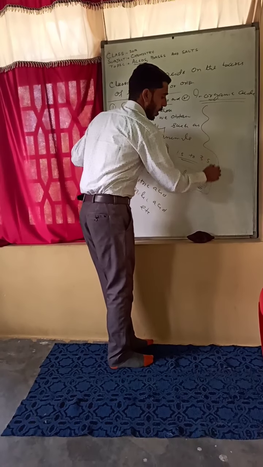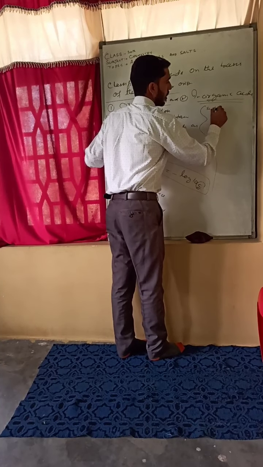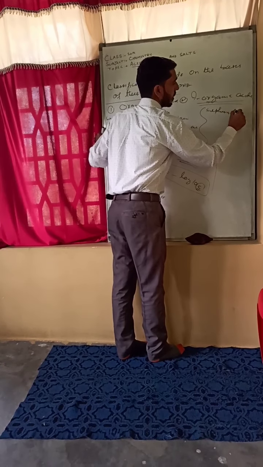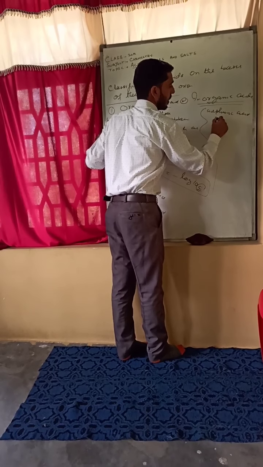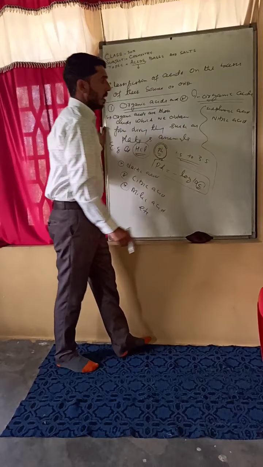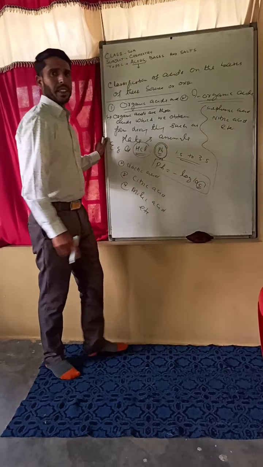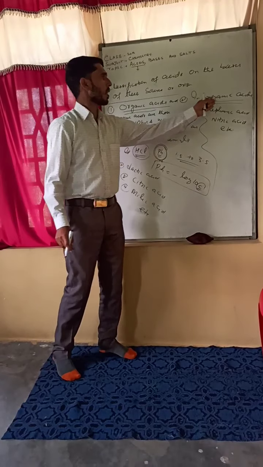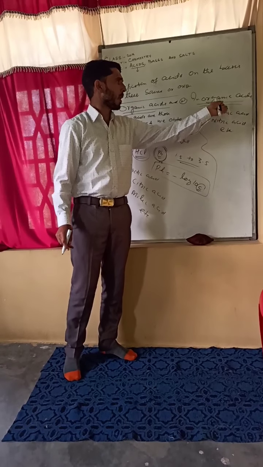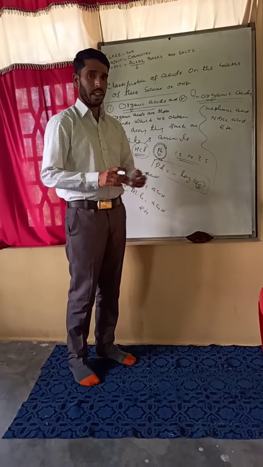Examples of inorganic acids are sulfuric acid and nitric acid. The list of inorganic acids is endless, but these are two important examples.